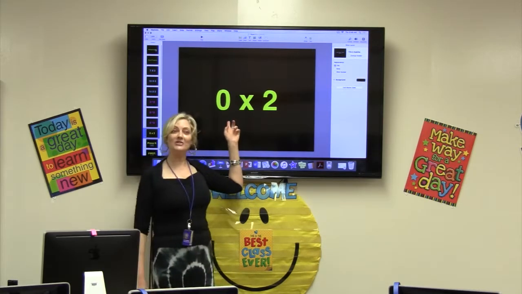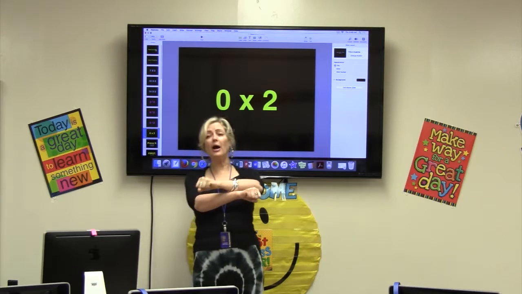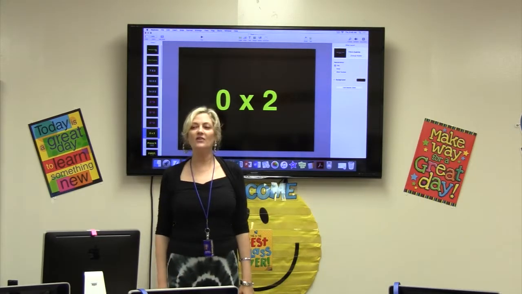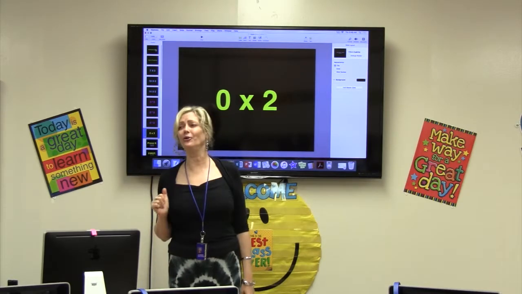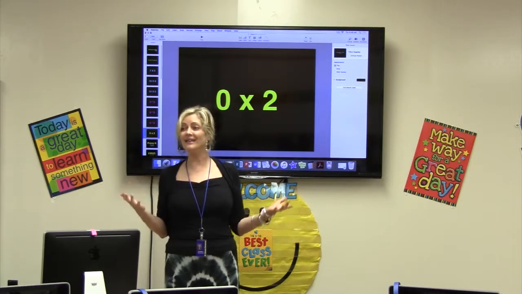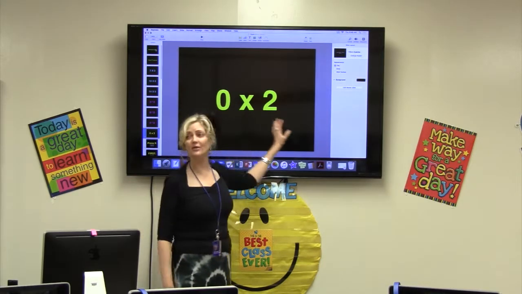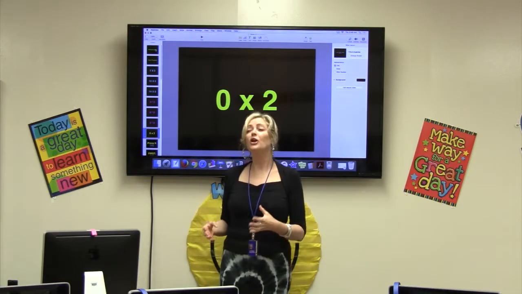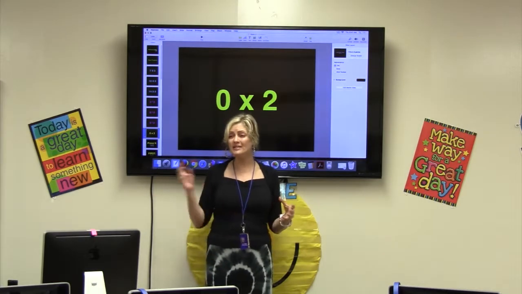So that's what the zero's like in this. When we do commutative property and the zero goes to the front and it becomes the first factor, it's got all this attitude. It's like, you have no groups. Boom, drop the mic and walk away. Because if that's the case, we can't even finish the rest of it. Because multiplication depends upon groups. You have to have equal groups to skip count.